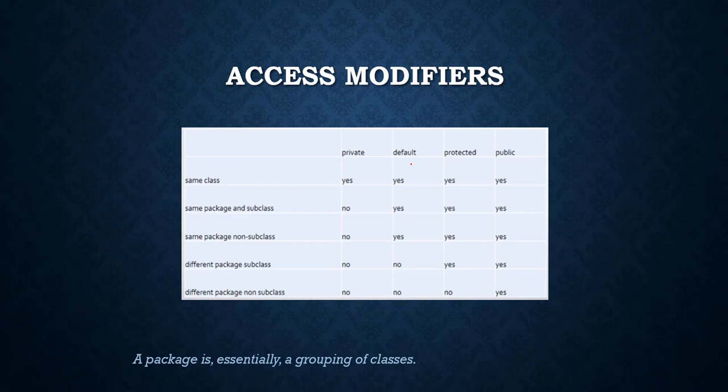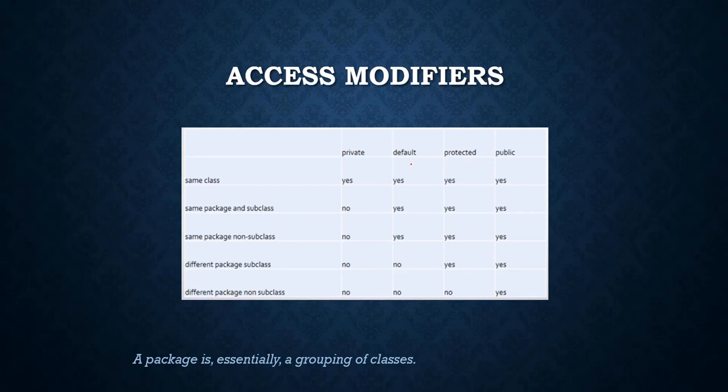And protected: variables or methods with the protected access modifier can be accessed within the same class, same package, by a subclass as well as a non-subclass, and also by a subclass in a different package.